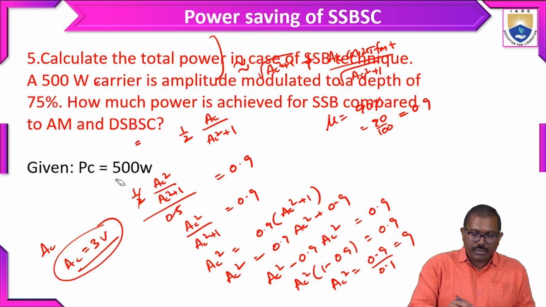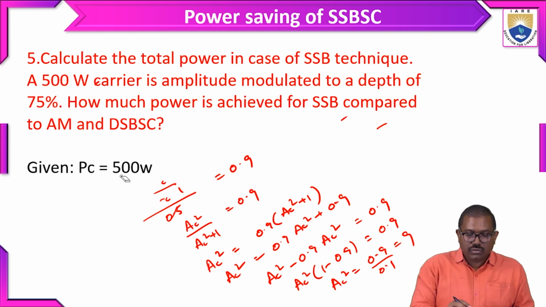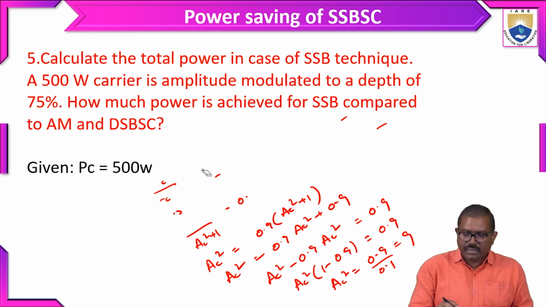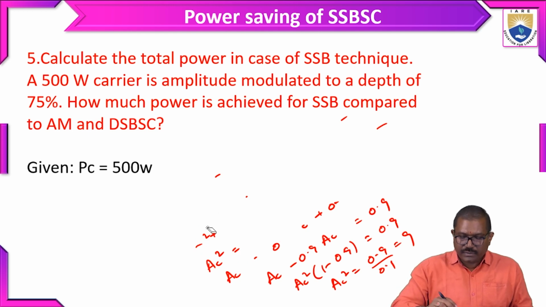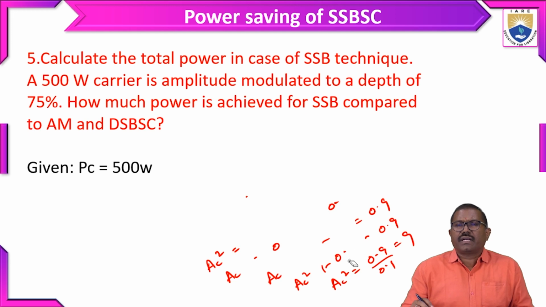Okay, so coming to the other problem, the fifth problem, this one. The fifth problem is to calculate the total power in case of the SSB technique. A 500 watts carrier is amplitude modulated to a depth of 75%. How much power is achieved for SSB compared to AM and DSB-SC?